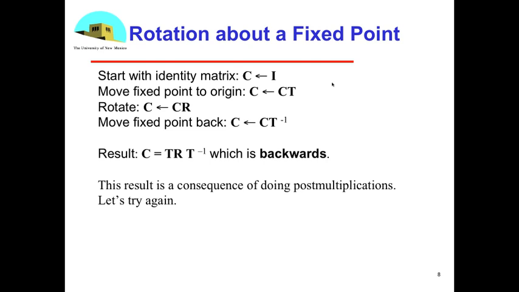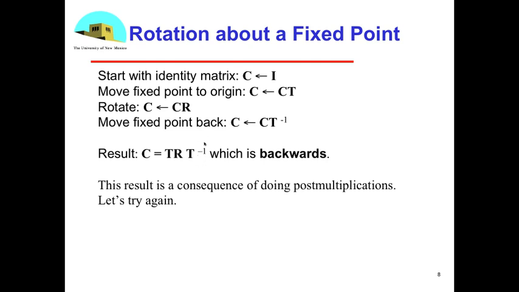Now, if you substitute this CT into this equation, and then substitute into this equation, you get that in the end, C is TRT inverse. And this is, again, the seemingly backward order, that the last one specified is the first one that's going to be applied. So this looks wrong, right?